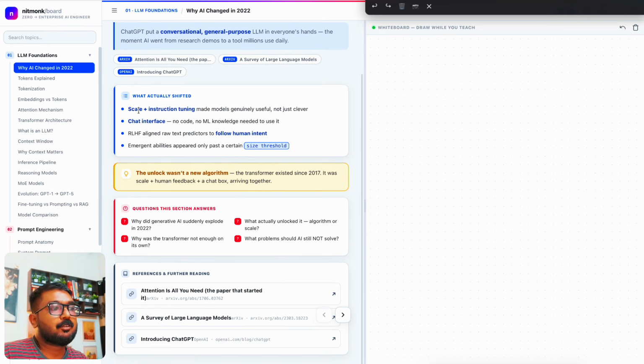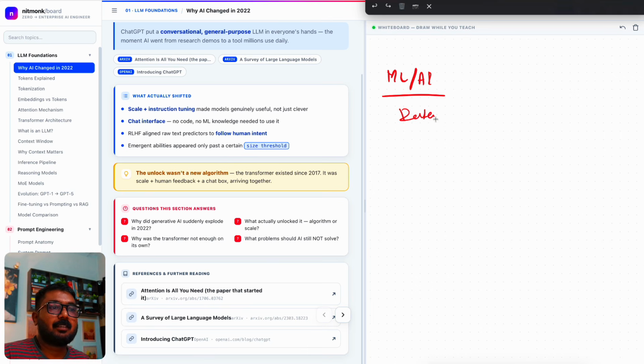So you see, scale and instruction tuning. Before 2022, people, I did it myself too, worked on classical ML and AI, right? Data drift, fraud detection, correct?